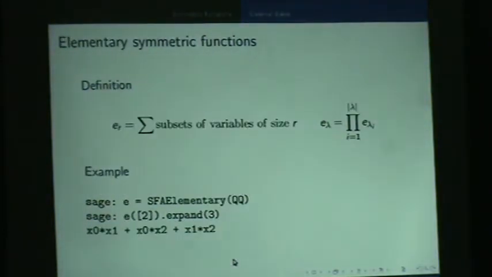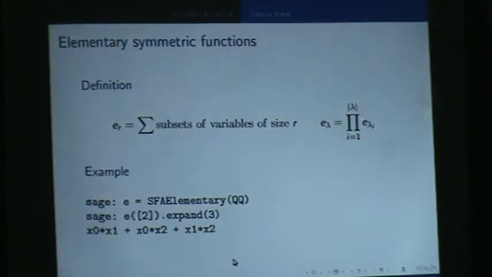So the next basis that one would want to work with are the elementary symmetric functions. As we saw before, we defined E sub r to be the sum over all subsets of variables of size r. So if we were to switch any of the variables, we'd still get a subset of variables of size r, so it would appear there, and thus E sub r is symmetric.